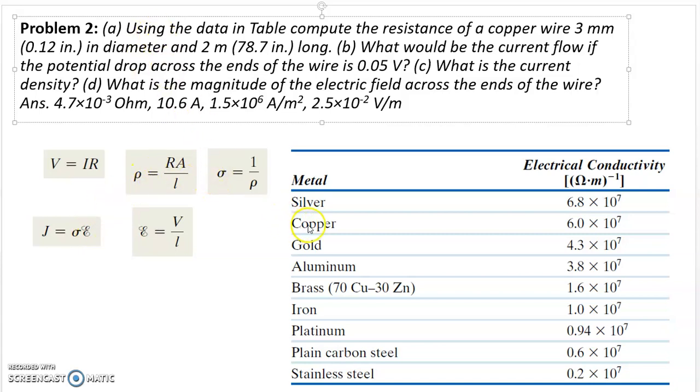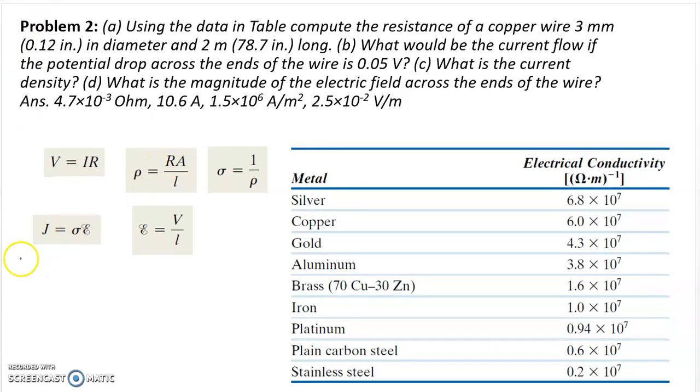It is a copper wire. The conductivity is 6 into 10 to the power 7. If I apply this equation, I will write it like this, because this is the resistivity. Resistivity is the reciprocal of the conductivity, so it will be 1 over 6 times 10 to the power 7 equal to resistance, which we need to find, times the area of the cross section.